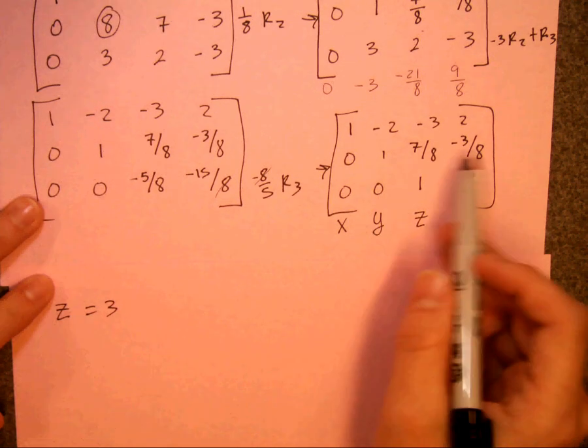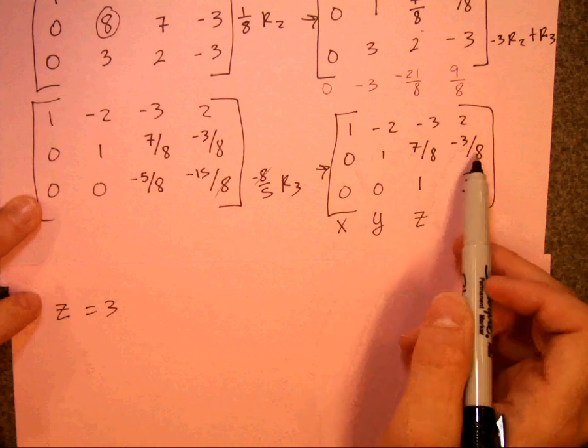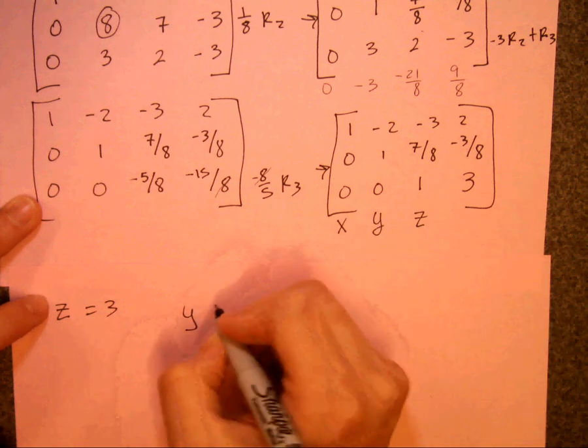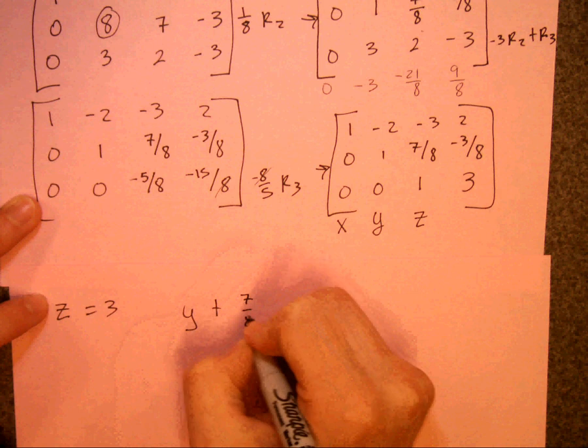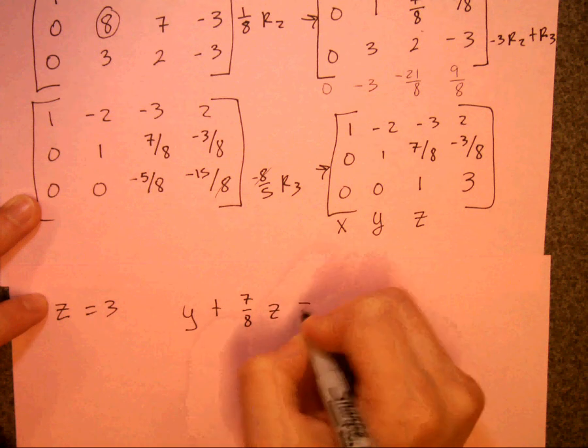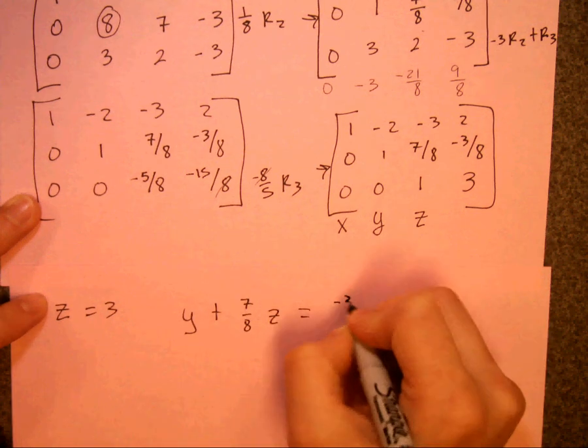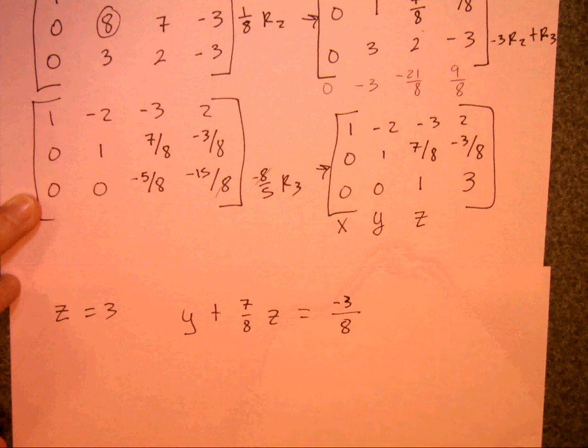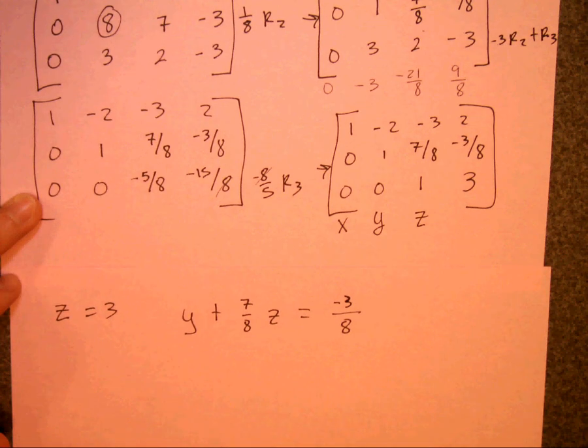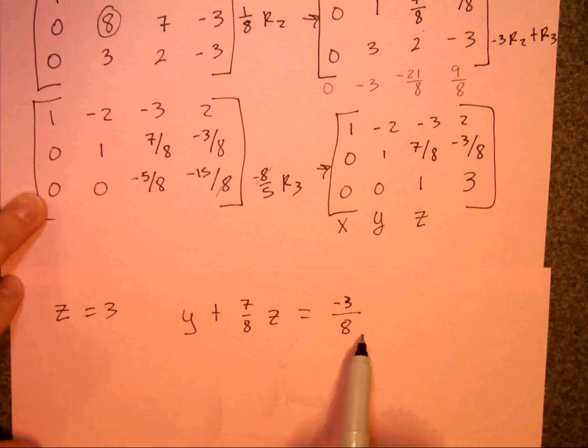Now using that, going back, the second equation tells me that y plus 7 over 8 z equals negative 3 over 8. And I know we don't generally like dealing with fractions, so you can get rid of it if you want to. The common denominator here is 8, so I can multiply through by 8.